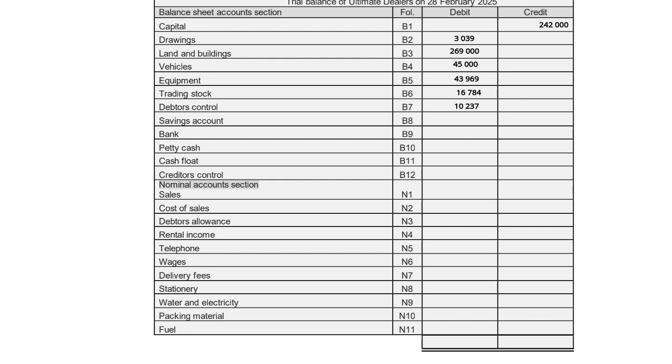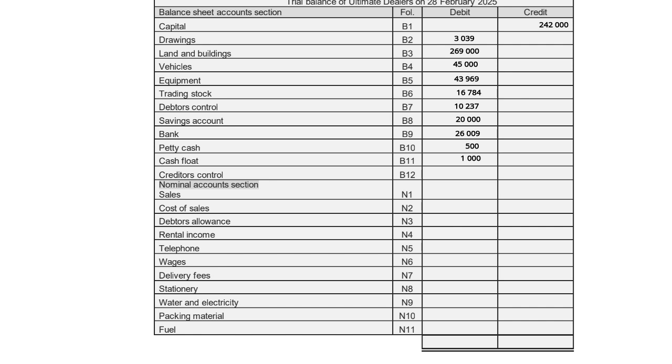Then your savings account had a debit balance of 20,000. Your bank ended with a debit favorable balance of 26,009. Your petty cash ended with a debit balance of 500. Your cash float ended with a debit balance of 1,000.